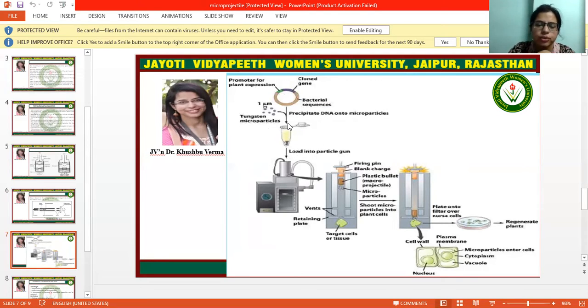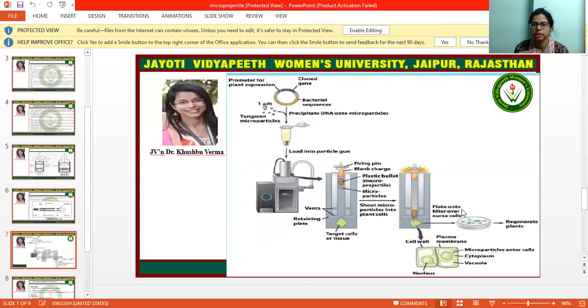After preparing these microparticles, we load them into the particle gun, and then we start the firing pin, which creates pressure on the blank charge, and this blank charge further creates pressure on the macroprojectile. This macroprojectile further releases the microparticles onto the target cells or tissue, and that's how these microparticles are introduced into the target cells.